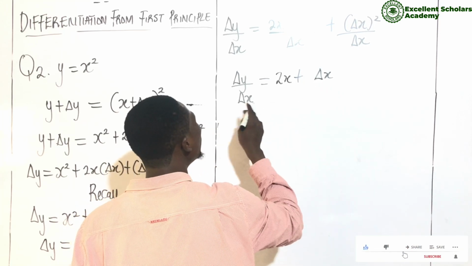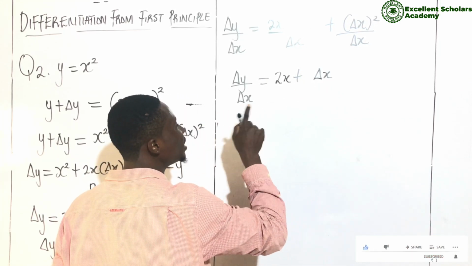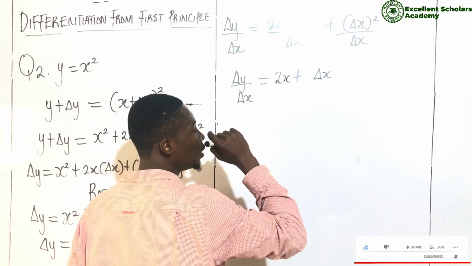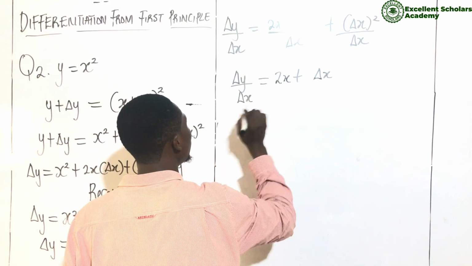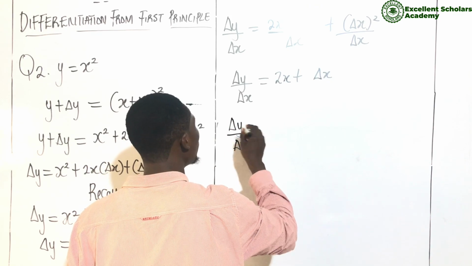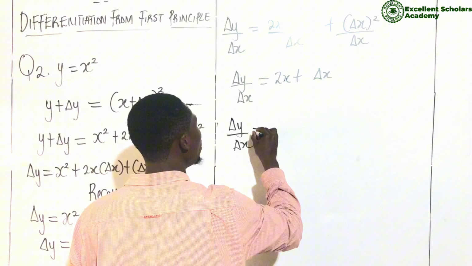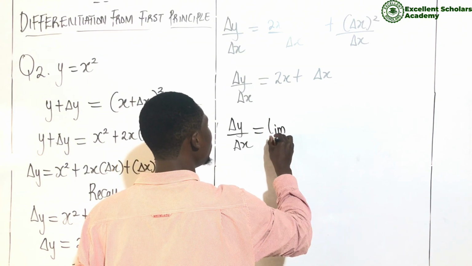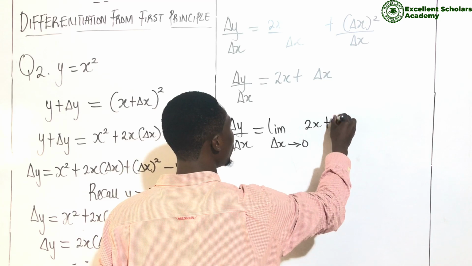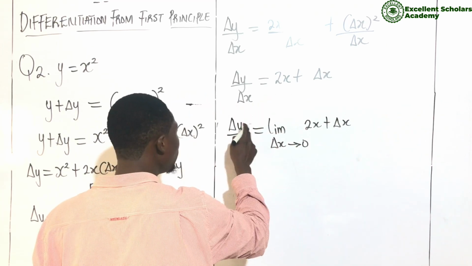Now, we're going to limit small increment in x as it tends to 0. So it becomes that the limit of small increment in y over small increment in x equals limit small increment in x as it tends to 0 in this. So like I said, this becomes dy dx.